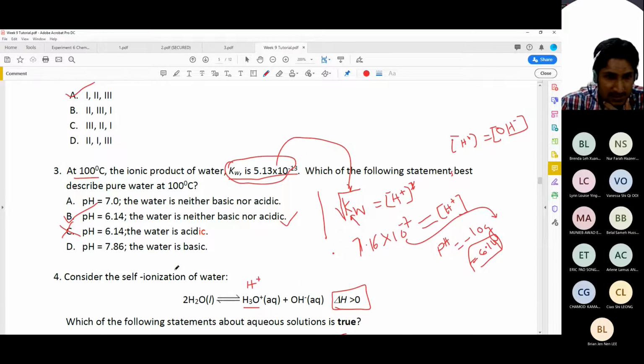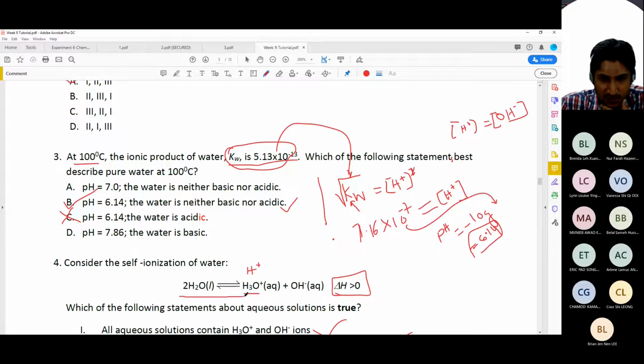So water is dissociating like this, and we are saying that hydrogen ion is increasing. If hydrogen ion increases, one water you break, you get hydrogen ion, and you also get hydroxyl ion, right?